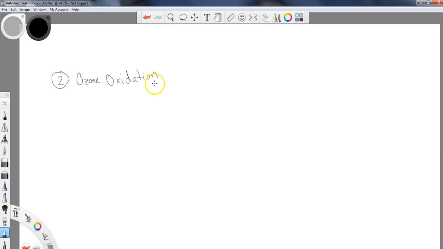So what we need when we're doing the ozone oxidation, if you remember, we had to have some sort of a double bond. So to start with, let's take a look here. If I have a carbon-carbon double bond, these would each have hydrogens associated with them. And then let's do a simple example like this.